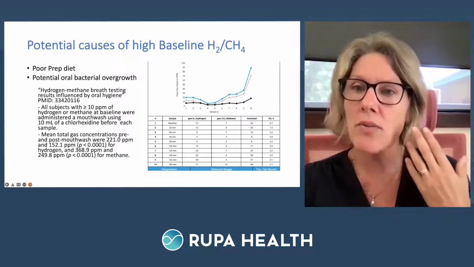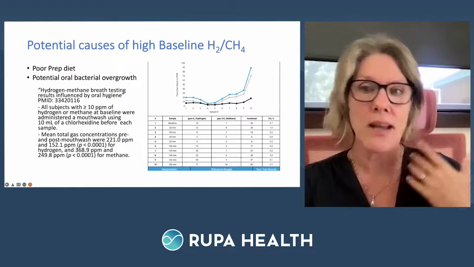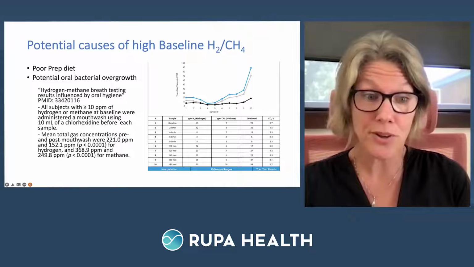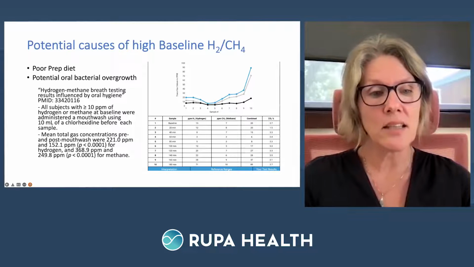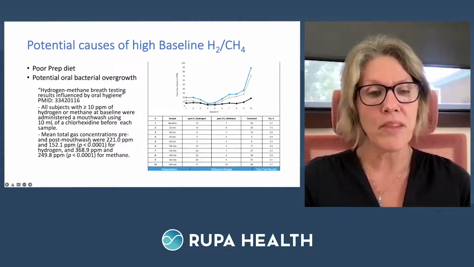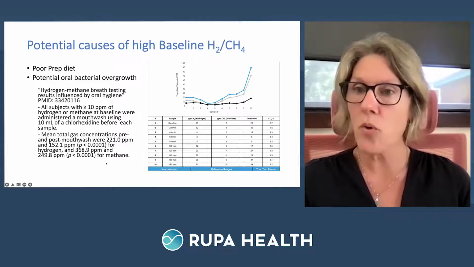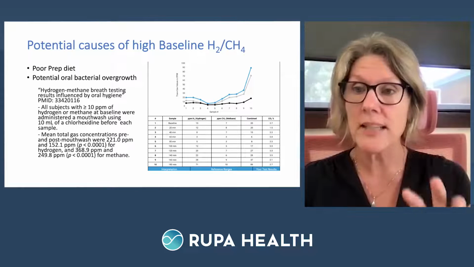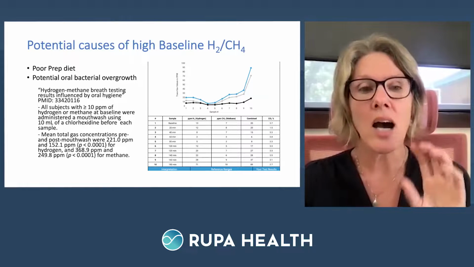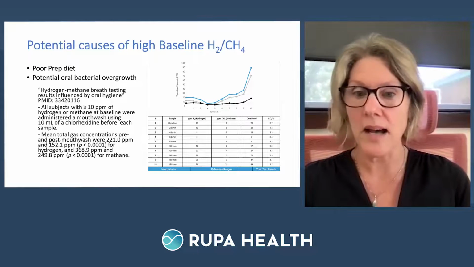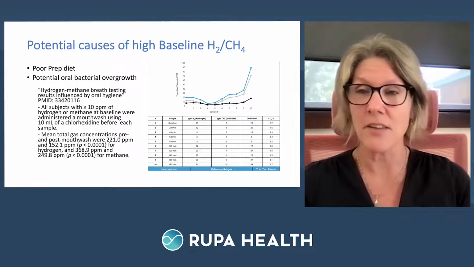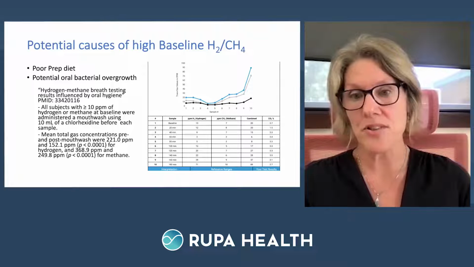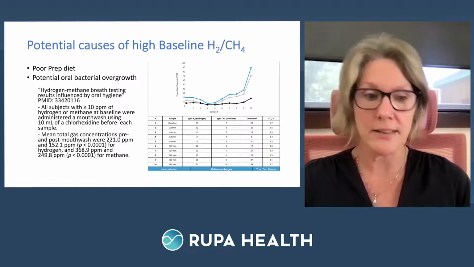So there are hydrogen producers in the mouth. There are methane producers also in the mouth. And you can see here that post mouthwash, the pre and post levels were quite significantly different in some of those cases. This was really specifying high baseline patients, so that was very interesting. And it makes sense that if you have an oral contribution, that may really influence your readings.